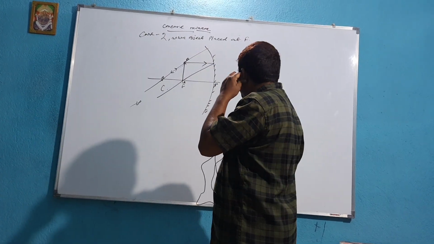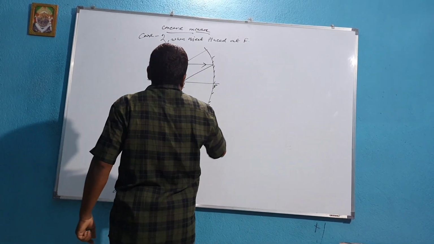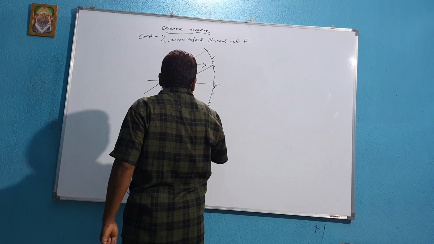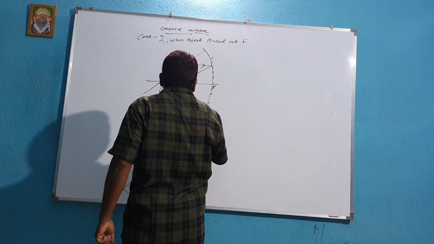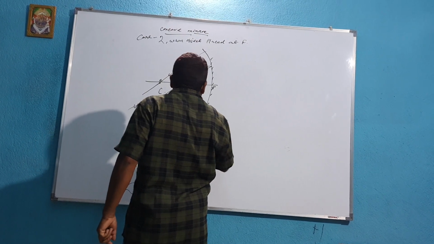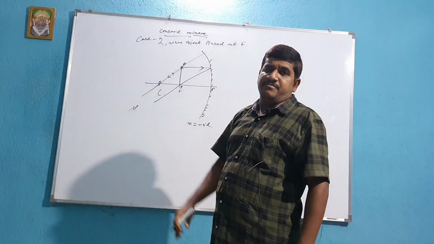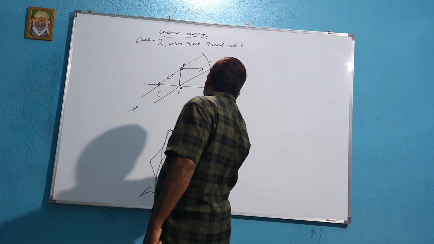That means object is placed, image is formed at infinity. U is negative. V also negative.